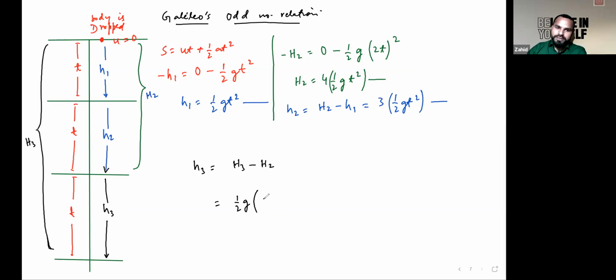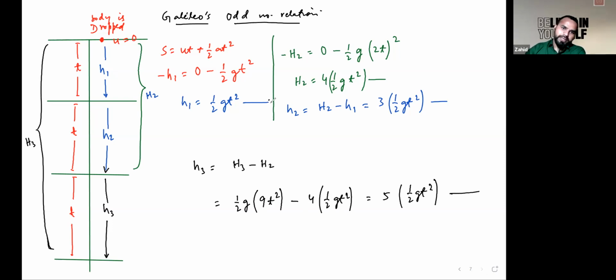So the square of it will be 9 times t square, minus h2, which is 4 times half g t square. If you subtract these two parts, 9 minus 4, you will get 5 times half g t square.